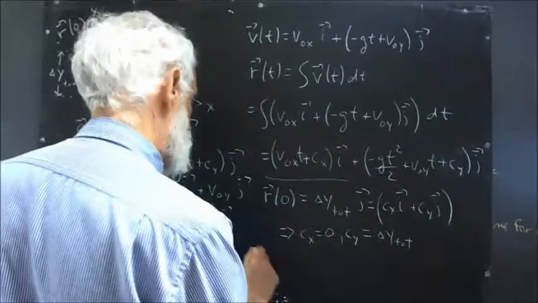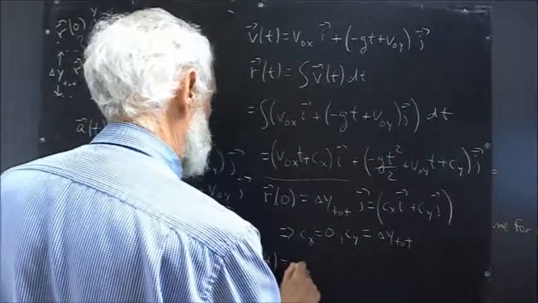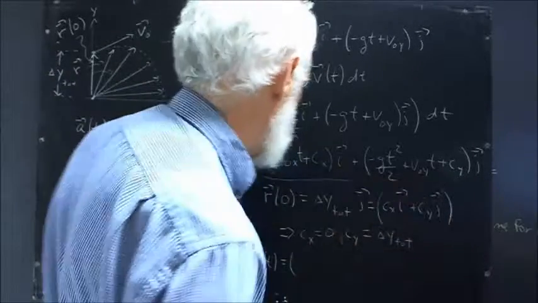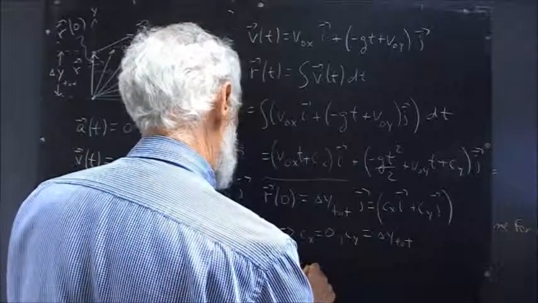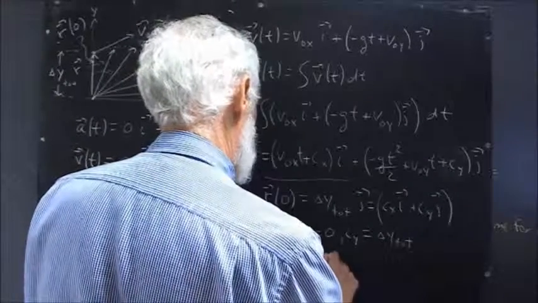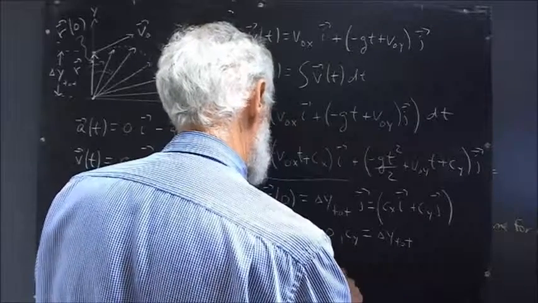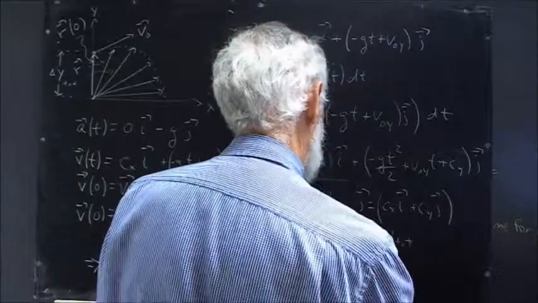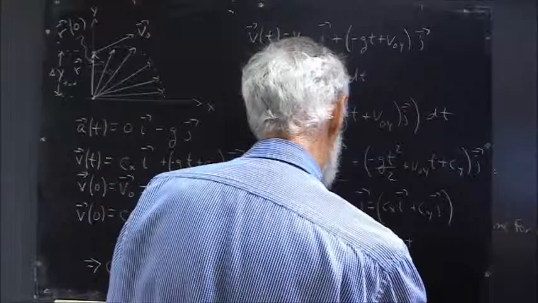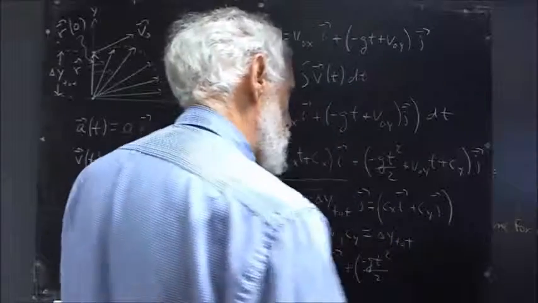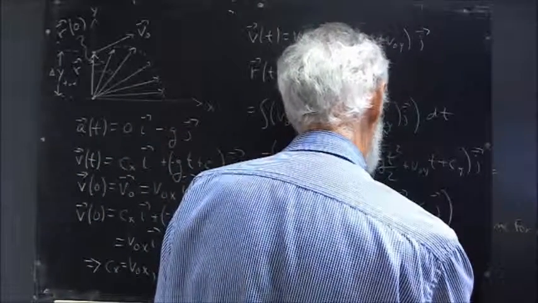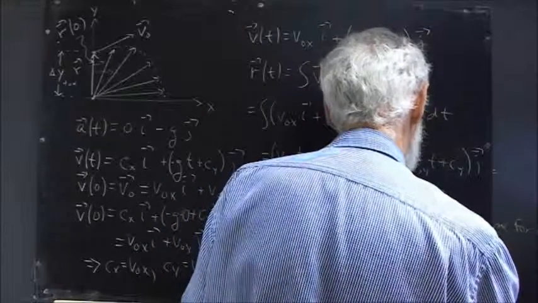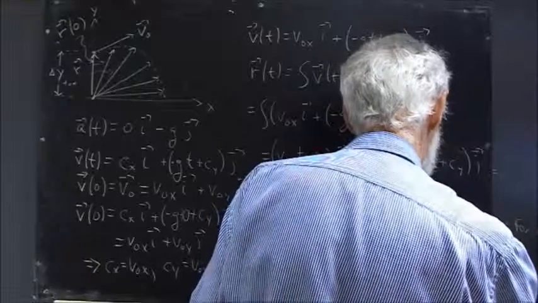So r of t is going to equal, substituting cx equals 0 and cy equals delta y total, v0x t times i plus negative gt squared over 2 plus v0y t plus delta y total times j.